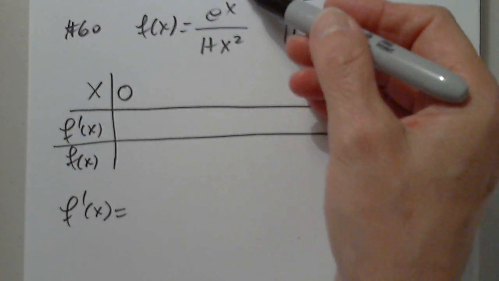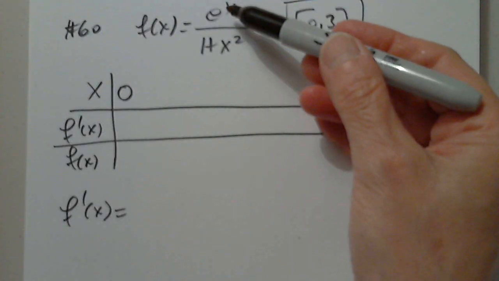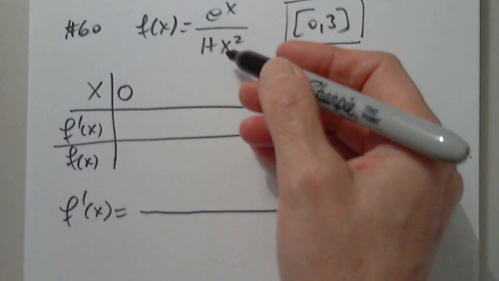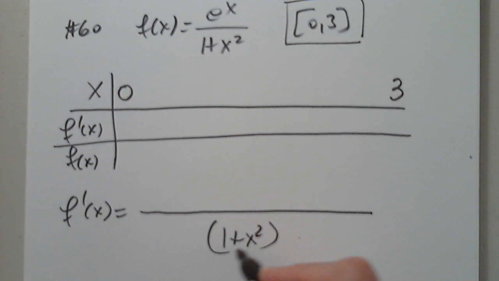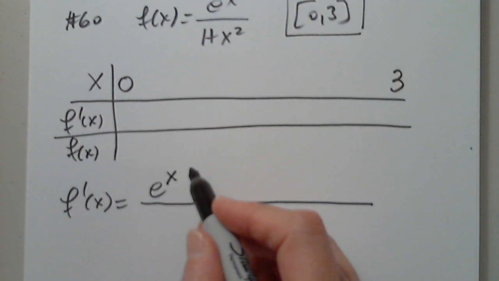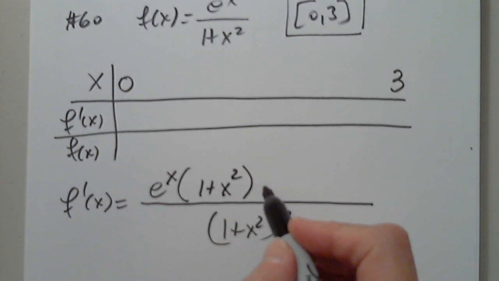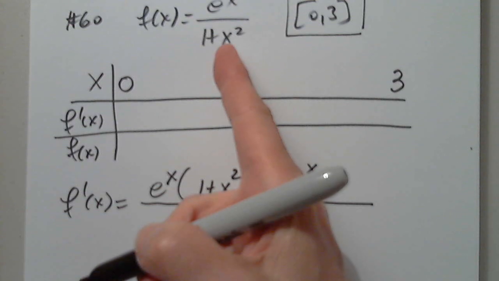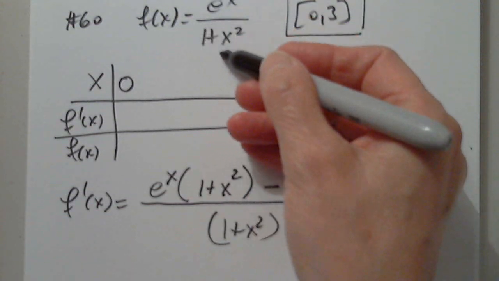Again, this is a rational function. It's a combination of exponential and rational, but still we have to use the quotient rule. The denominator is very nice. The numerator prime is e to the x times the denominator minus the top, which is e to the x, times the denominator prime. Can anyone give us the denominator prime?